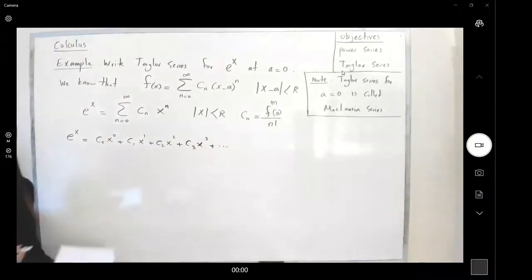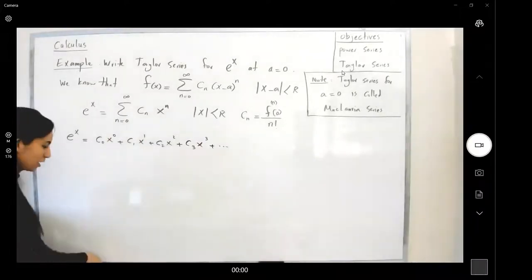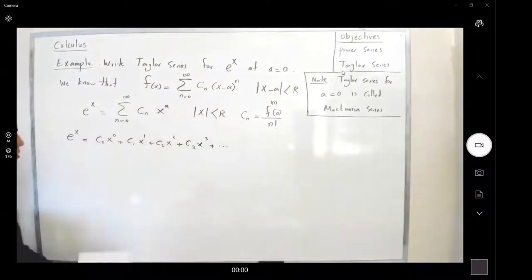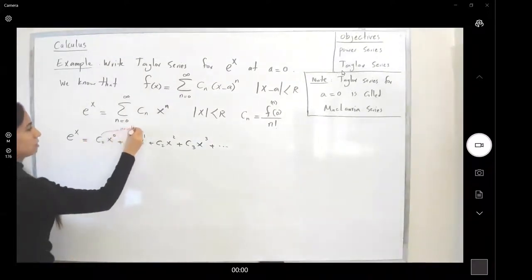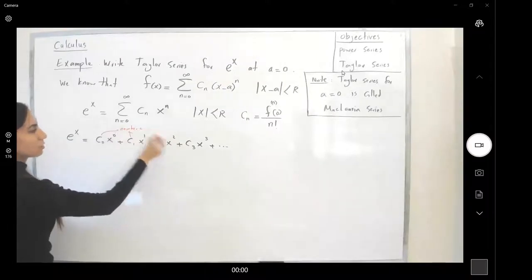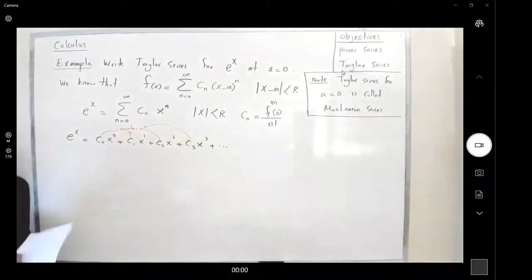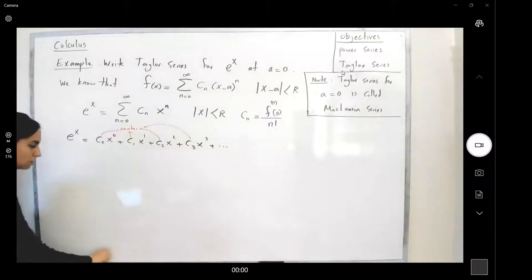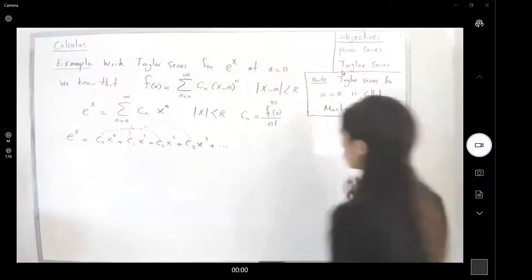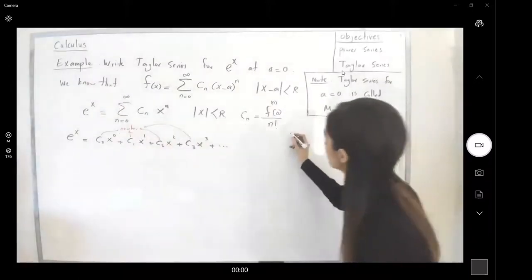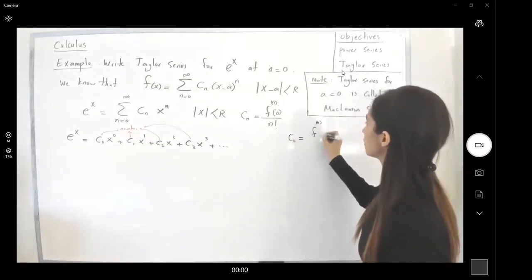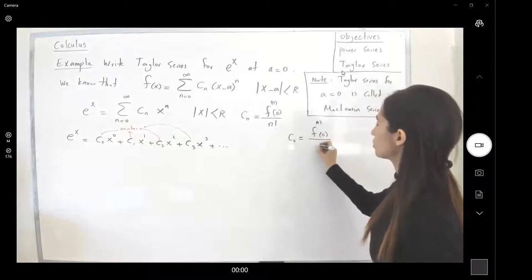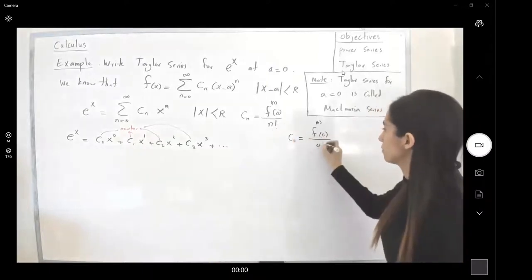We need to evaluate each of these coefficients. These are just numbers. So to find c_0: it is the 0th derivative of the function at 0 over 0 factorial.